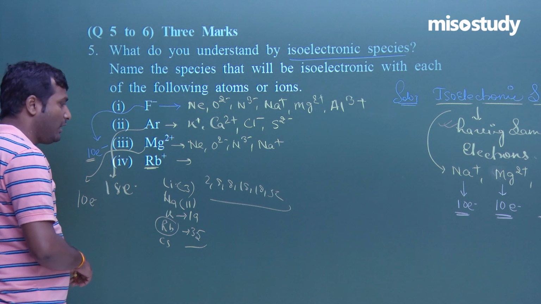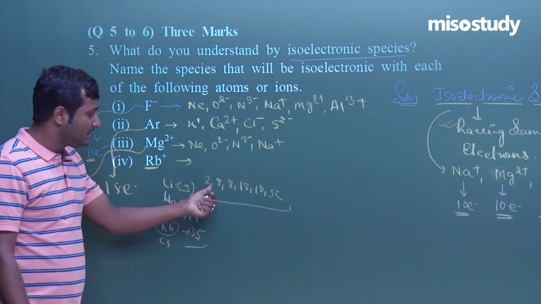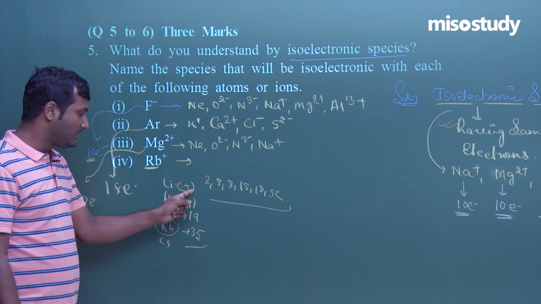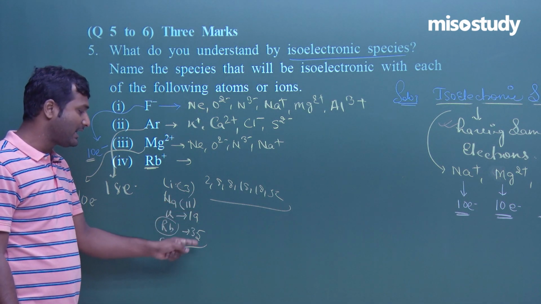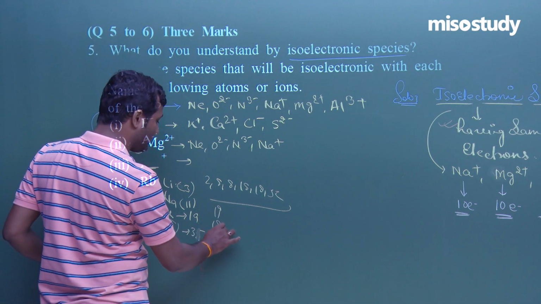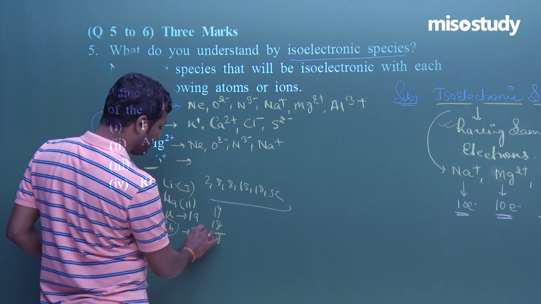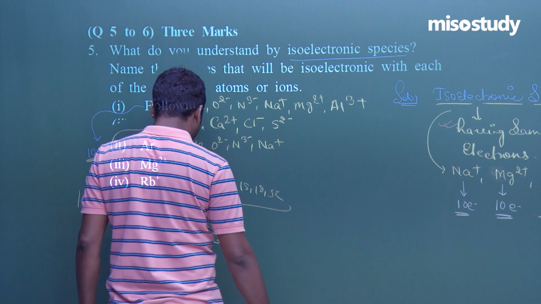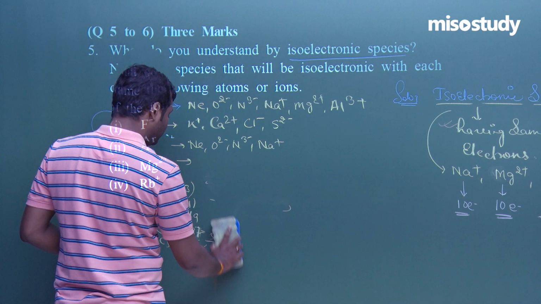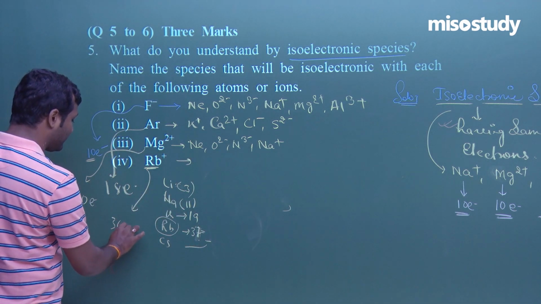If you do not remember the atomic number of an element beyond 20, then you have to use this. 2, 8, 8: 3 plus 8, 11; 11 plus 8, 19; 19 plus 18, 37. Clear to you? Not 35, that is 37. So rubidium has atomic number 37 and there is a plus, so definitely Rb+ contains 36 electrons, my friend.